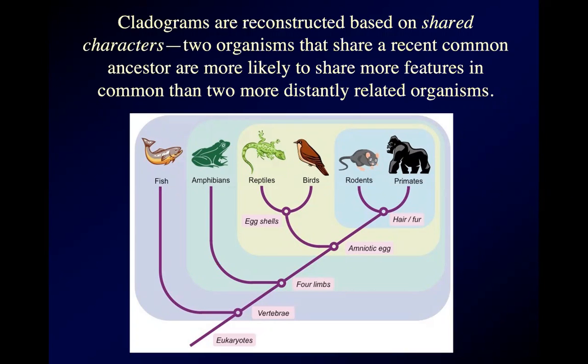If two organisms share many features in common, the simplest explanation is that they both inherited them from a common ancestor. If you look, reptiles and birds don't look a great deal like each other, but they both lay eggs that have shells. And then primates, that's gorillas, rodents, birds, and reptiles, all share a feature called the amniotic egg.